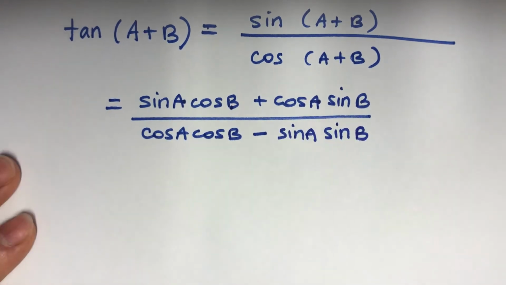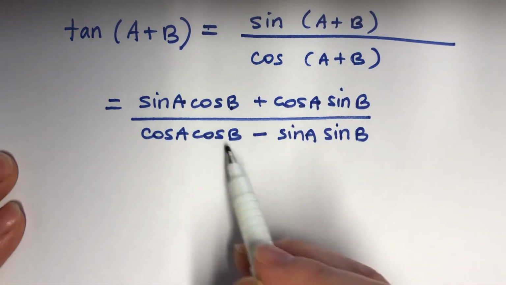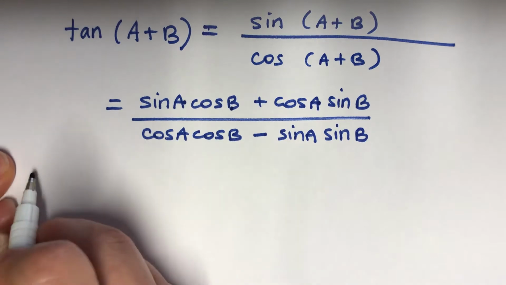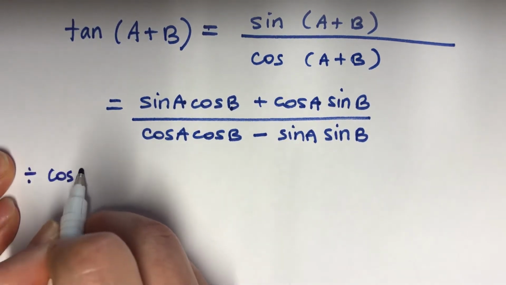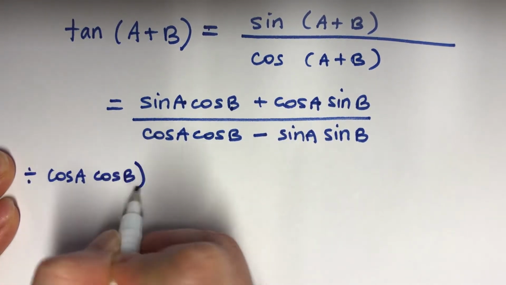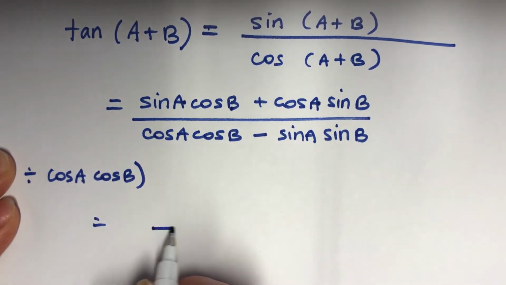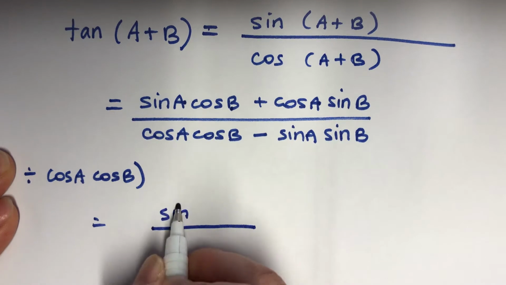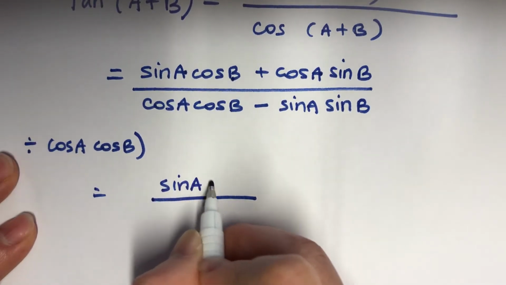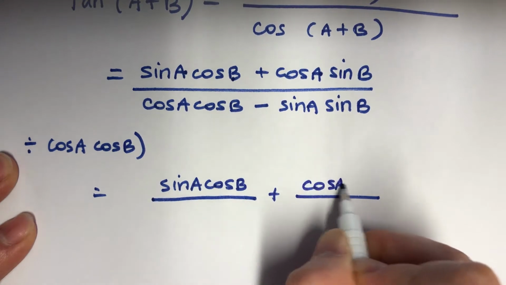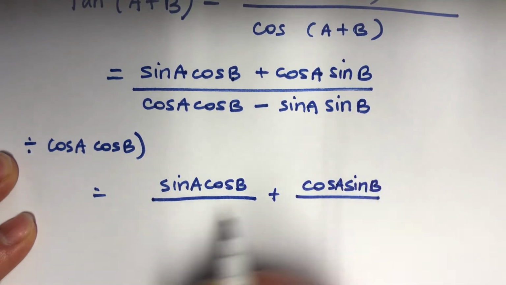Okay, now how do we simplify this? We need to change this somehow in terms of tan. So I'm going to divide each term by cos A cos B. Let's have a look. It's going to be a little bit busy. So I'm going to just write everything here.